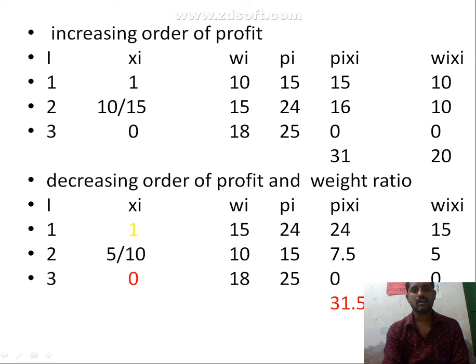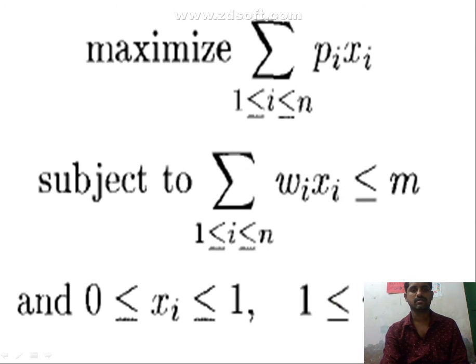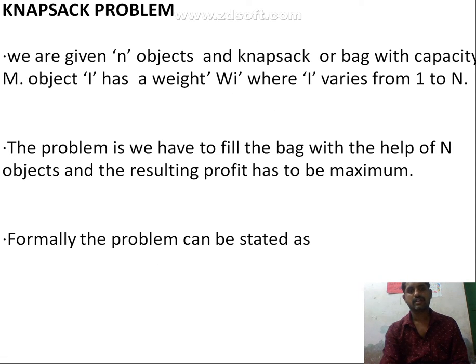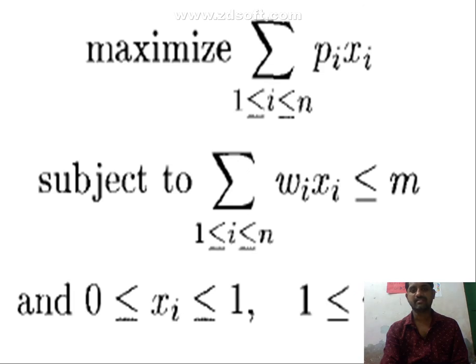So the optimal solution is 0, 1, 1 by 2. The maximum profit is 31.5. In the knapsack problem, you have to fill the bag with the help of n objects and the resulting profit has to be maximum.